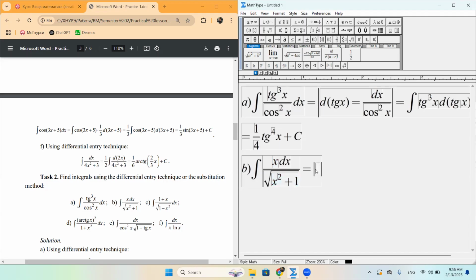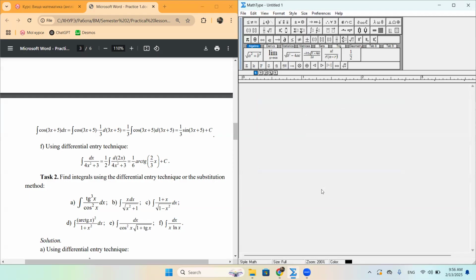So the differential of this expression will be equal to x dx. How to transform this?